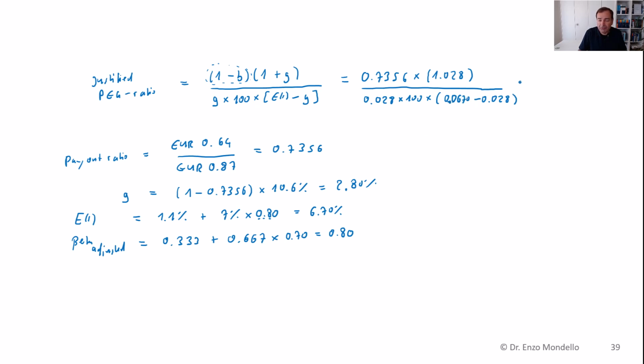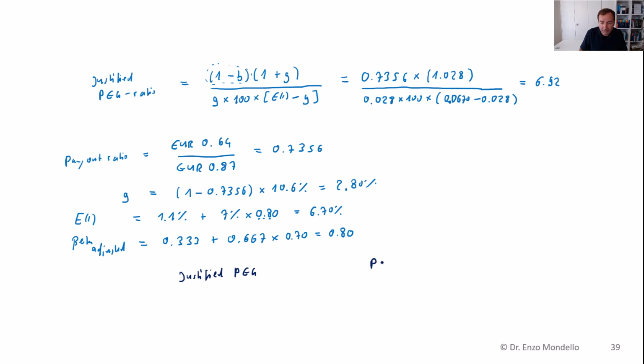And if you're entering the figures in your calculator, you should obtain for the justified PEG ratio 6.92. And now we can compare the justified PEG ratio calculated above with the PEG ratio of the stock in the market.